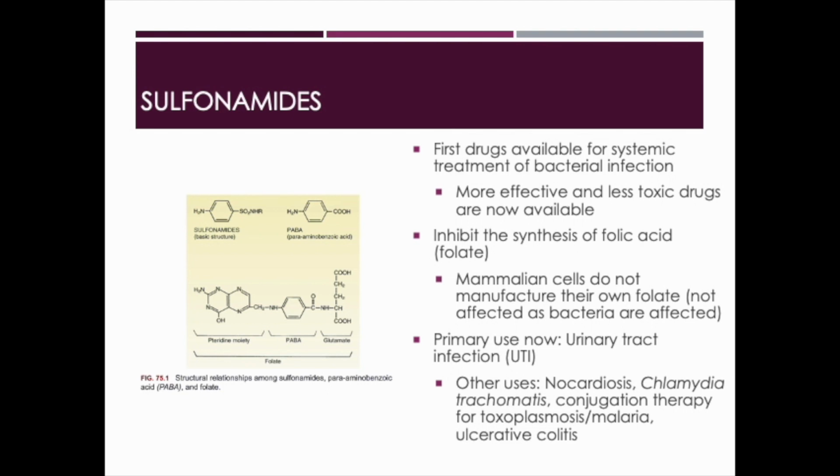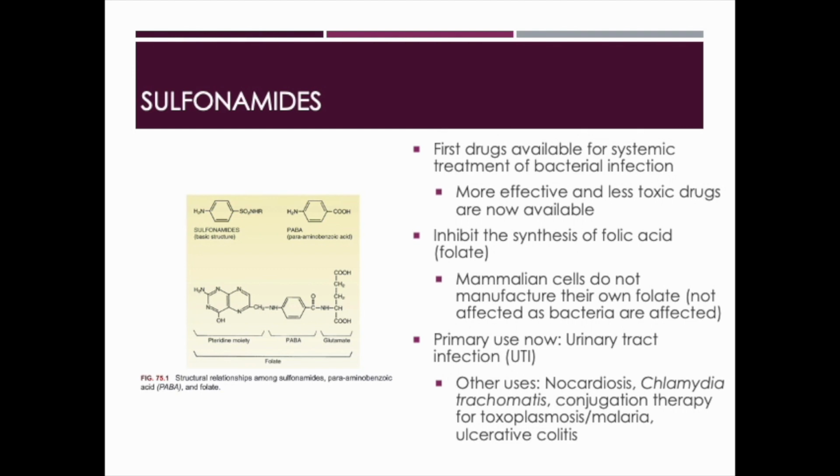Remember that sulfonamides suppress bacterial growth by inhibiting the synthesis of tetrahydrofolate, again a derivative of folic acid, or folate. In the absence of tetrahydrofolate, bacteria can't synthesize DNA, RNA, and proteins.